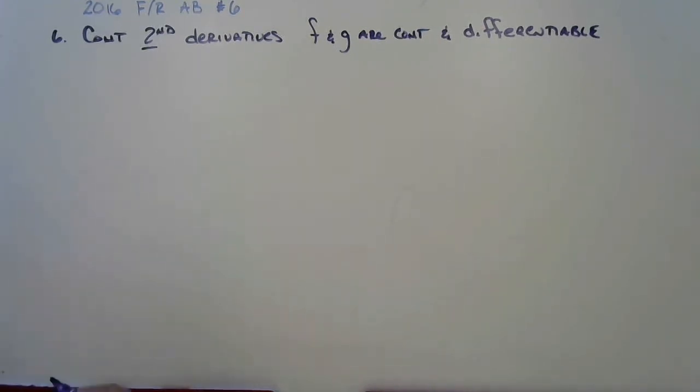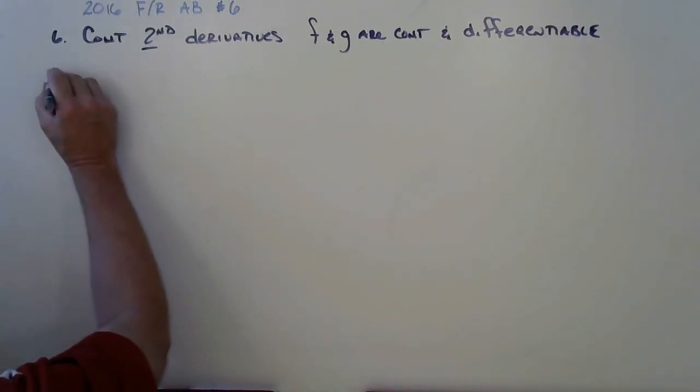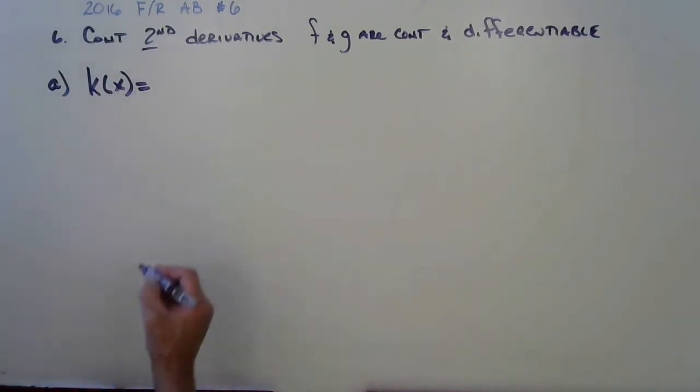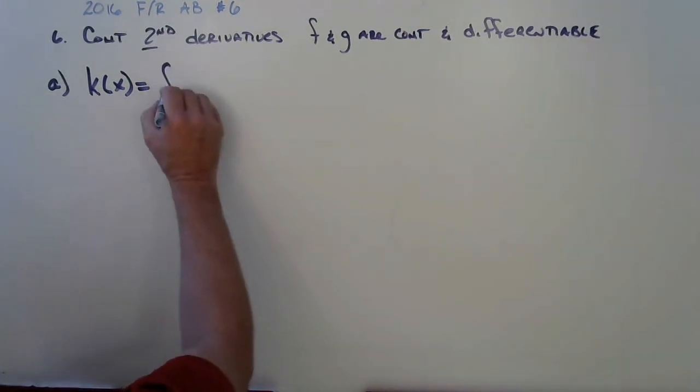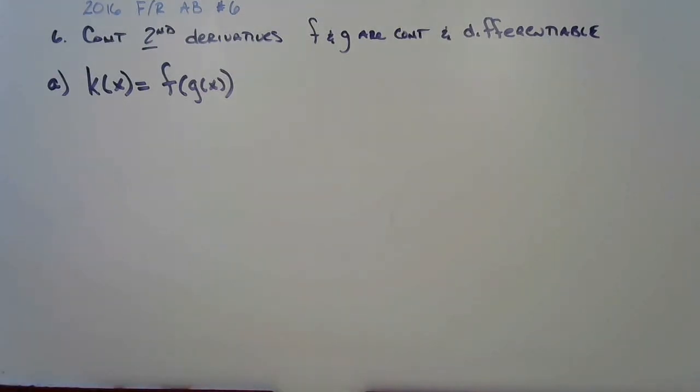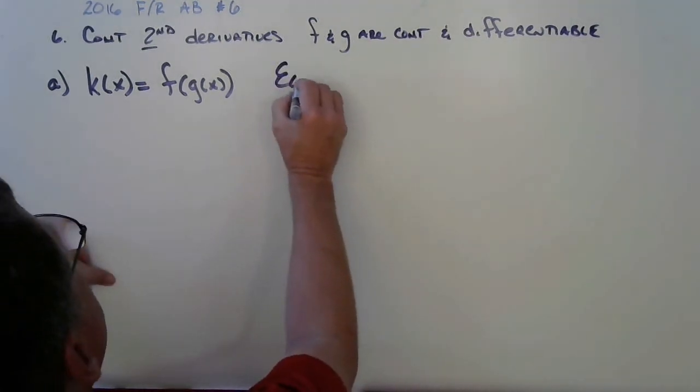Then it goes on, and part A says, now they're just going to try to confuse you with notation here. That's all this is. So keep your head on straight, everything's going to be fine. K of x equals f of g of x. Okay, this is k of x. They want the equation of the tangent line, right?